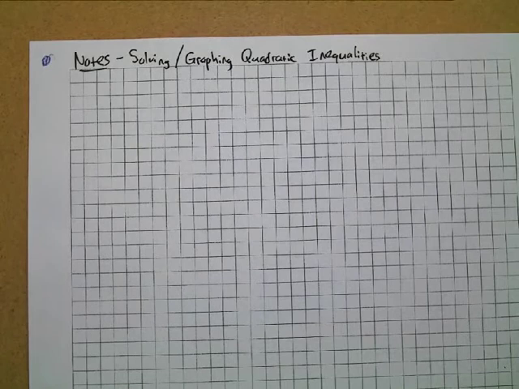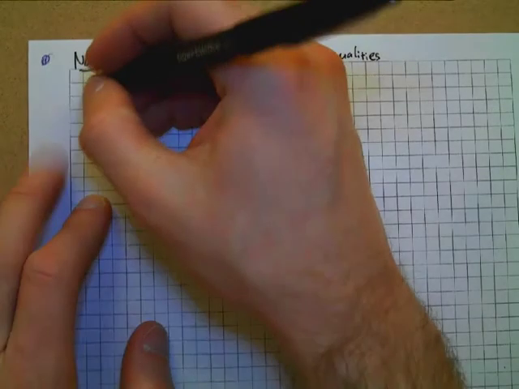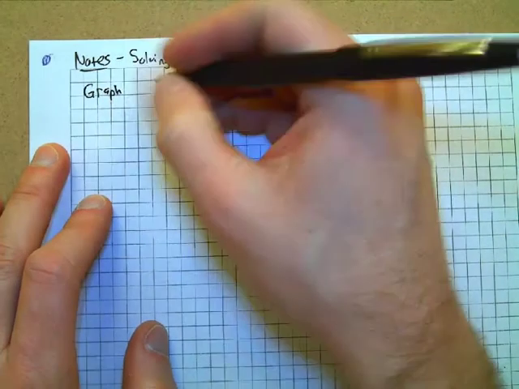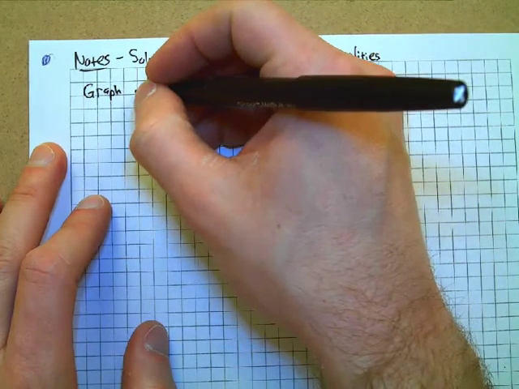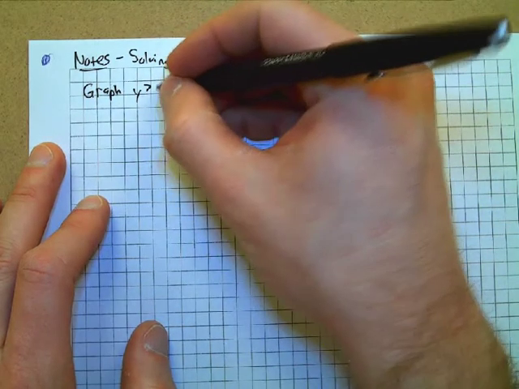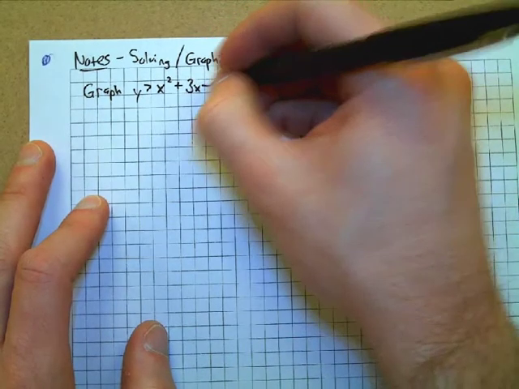Okay? So let's just jump right in. There's not really too much to say here. I think you'll have some familiarity with this from before. So let's say we're going to graph y is greater than x squared plus 3x minus 4.